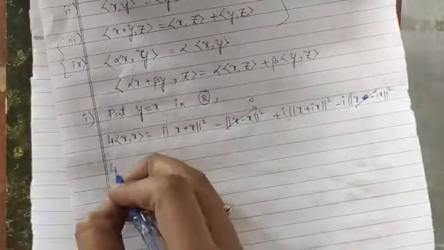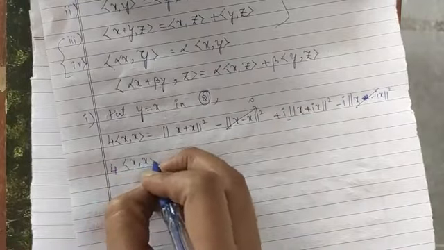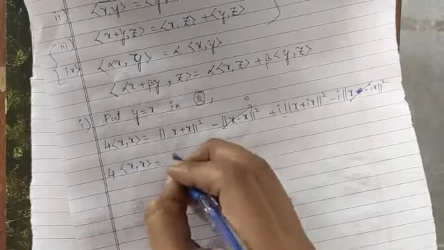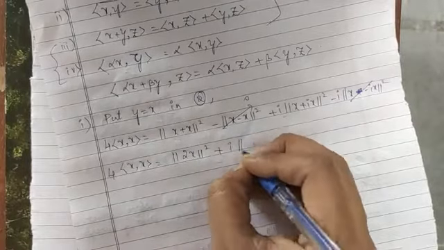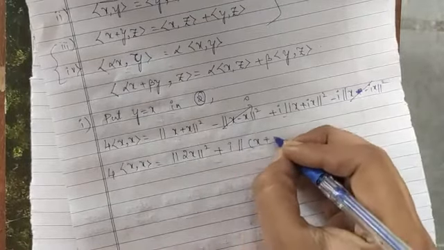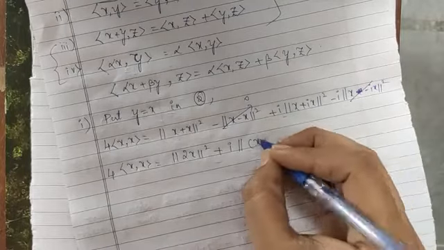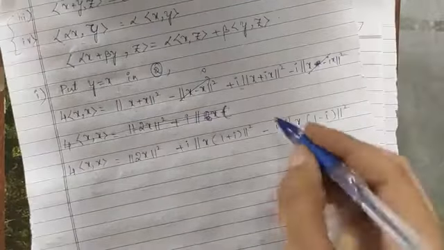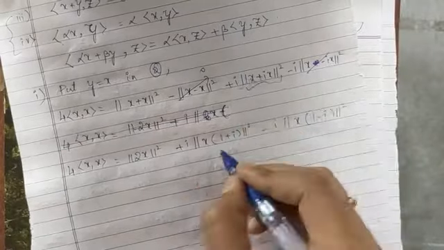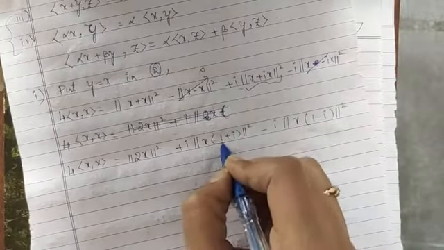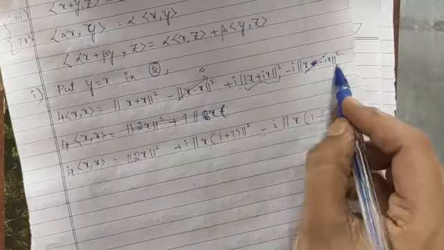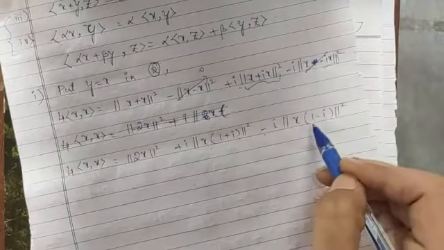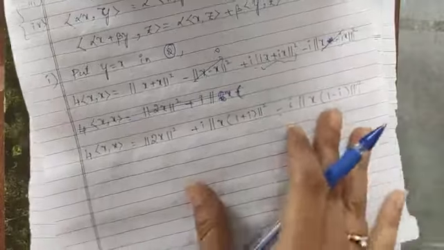So you will get 4 into the inner product of x comma x is equal to norm 2x square plus i into norm of x times (1 plus i) whole square minus i into norm of x times (1 minus i) whole square, where I have taken x common in each term.